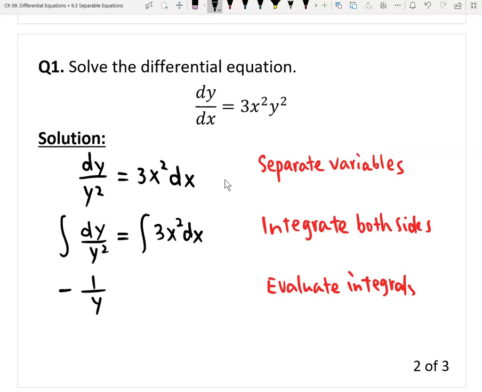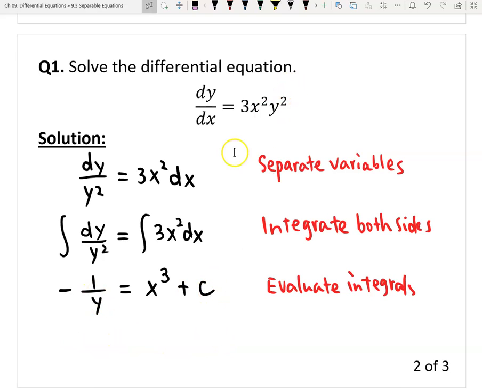And then the right, of course, it's easy to evaluate. This is a power function, so we have another power function as the antiderivative, which is x raised to the third power, right? And don't forget plus c. This is the third step. And then what do we do? We just solve.